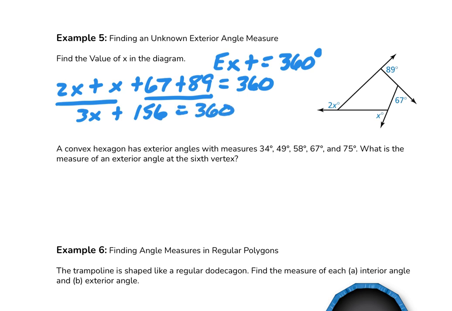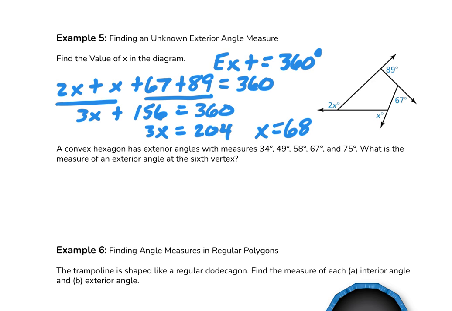Okay, and then it's just a 2-step equation. So from there, we're going to subtract 156 from both sides. 360 minus 156. Okay. And then 204 divided by 3. 68.